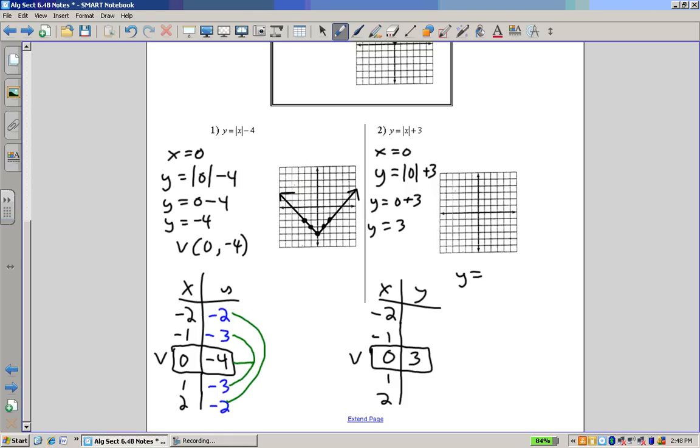So y equals the absolute value of something plus 3. Now that something is going to come from the x values in my table. Plug in negative 2. Negative 2 is 2 units away from 0 on the number line. So y equals 2 plus 3 is 5.